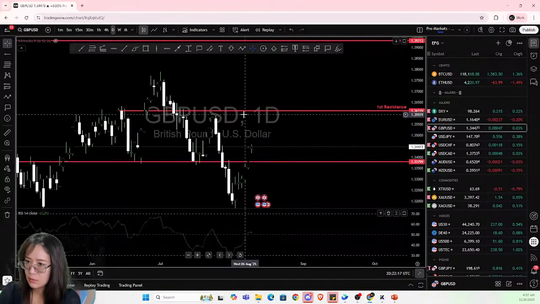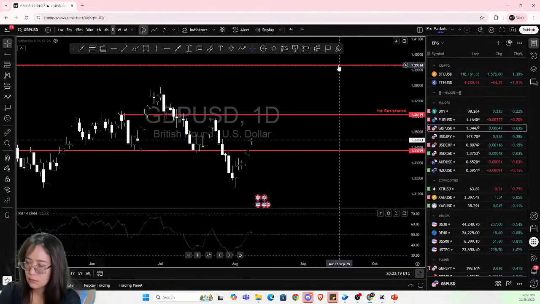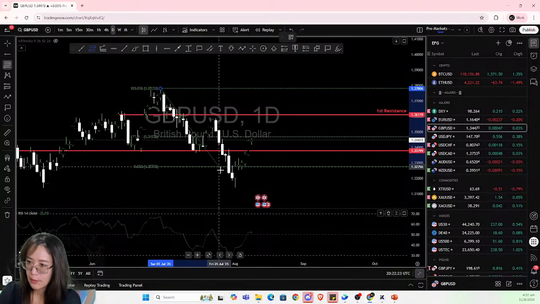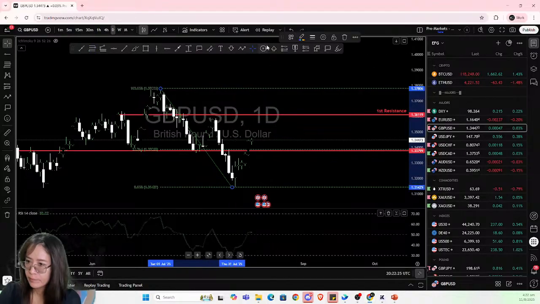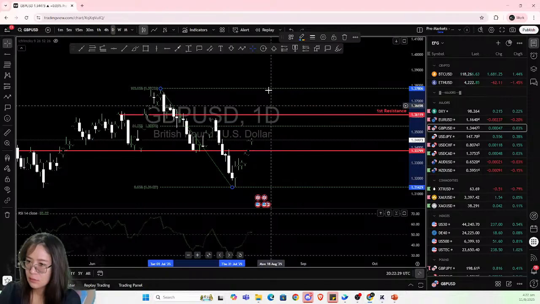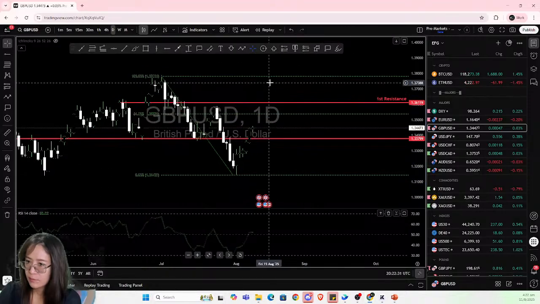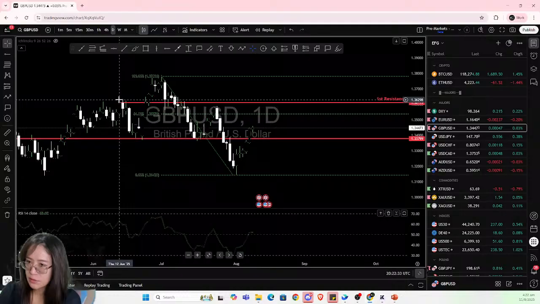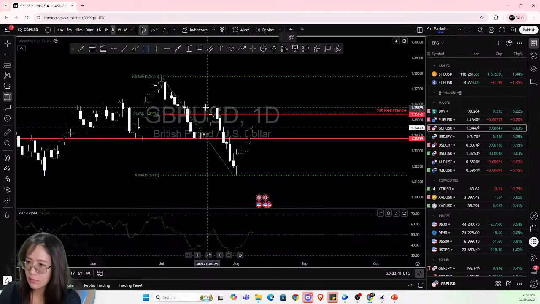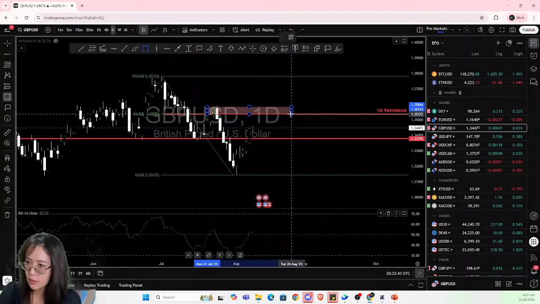Now, let me use Fibonacci. That would be 61.8%. I think I'll pick 61.8%. Even though I think it's my first resistance, this is 61.8% within my other block here.